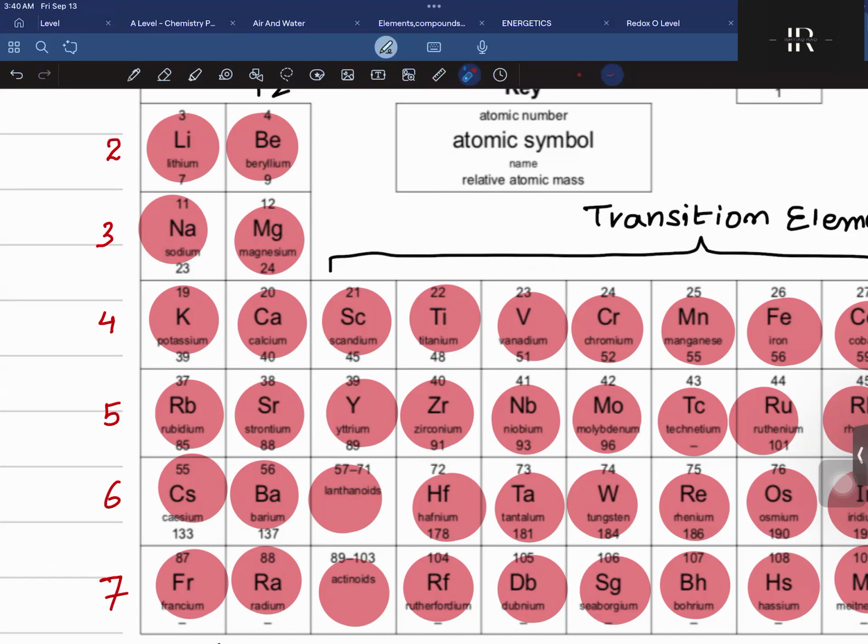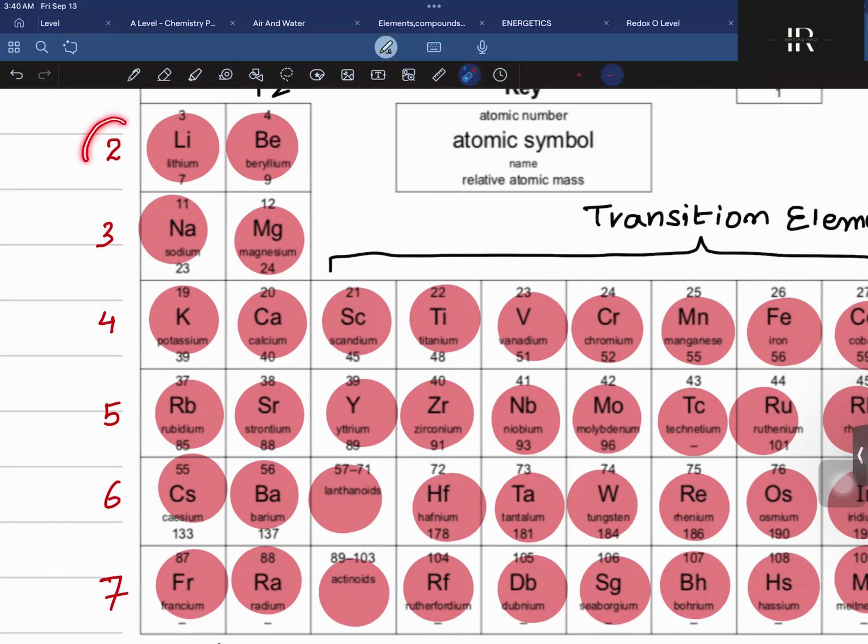In the first shell, how many electrons? Two. And in the second shell? One. Exactly. Without drawing the structure, without writing the electronic configuration, you can predict the total number of shells by just looking at the period number.